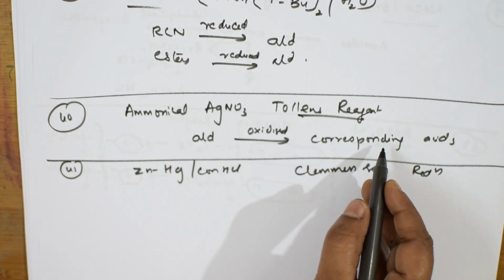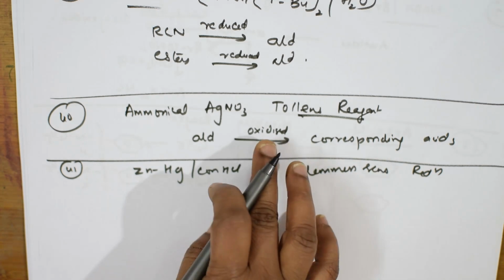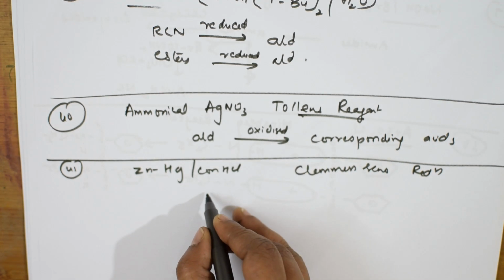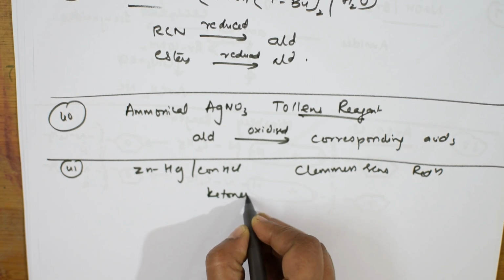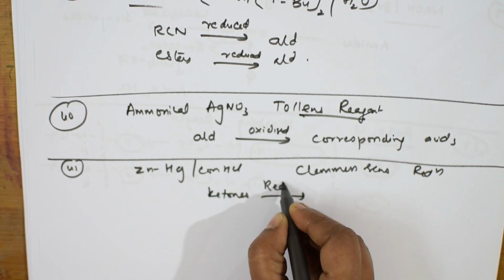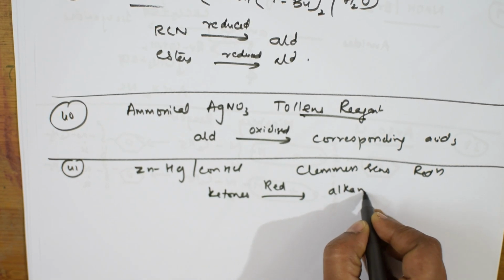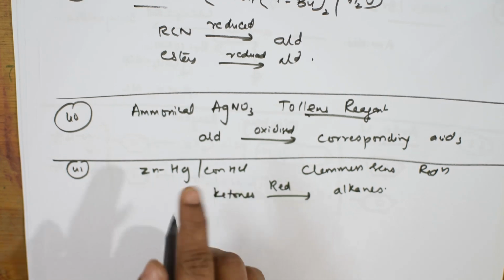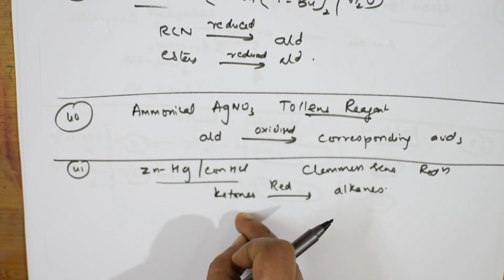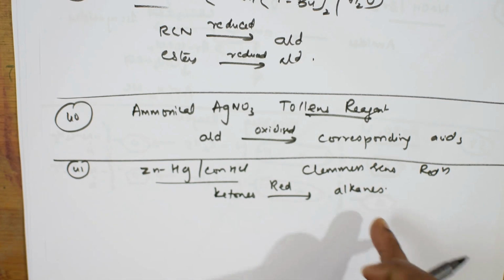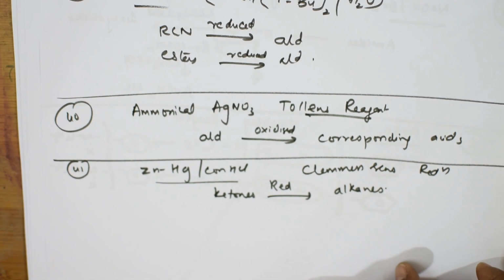Aldehydes are oxidized to acids, but this is reduction. Ketones are reduced to alkanes. Remember, alkanes. So if you see this reagent, whichever ketone is given gets converted to alkanes. These are the important reactions of aldehydes.